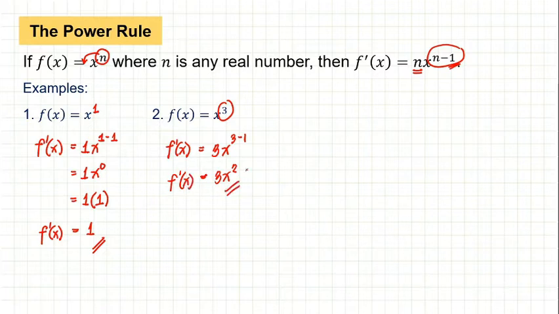Okay? So madali lang siya. Another one. Suppose we have y equal to square root of x. Now, in this case, we have square root of x, which is not the same as x to the n. Therefore, we need to do something to our function here in such a way na masusulat natin siya of the form x to the n.